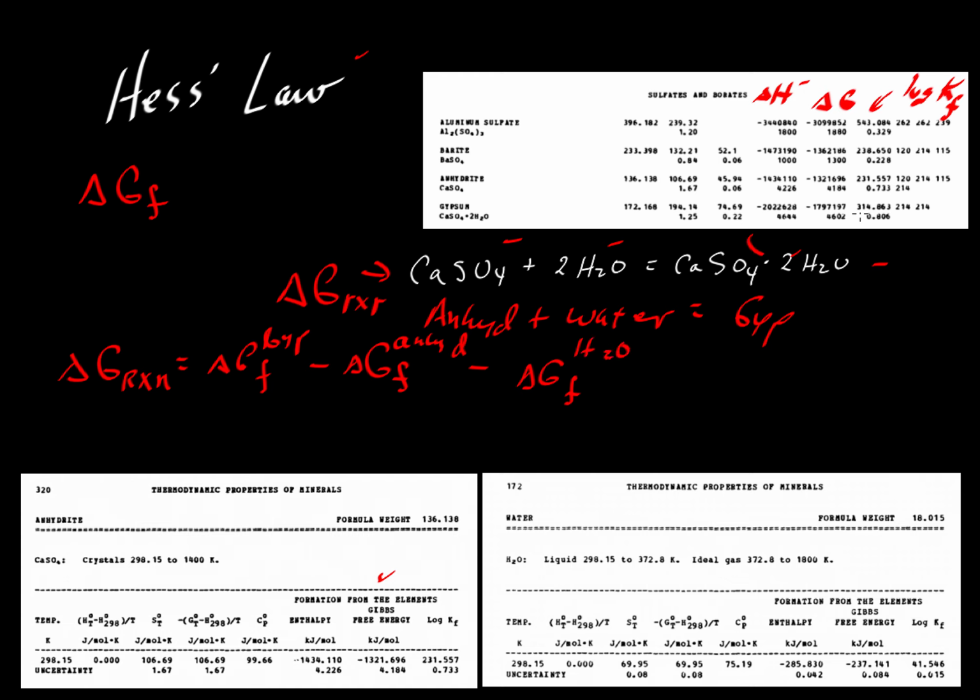And we've got all those in these tables here. So for this value here, this is gypsum, the delta G for formation of Gibbs free energy of the elements is shown here. That's in joules, so we'll convert it to kilojoules. So that is minus 1797.2.